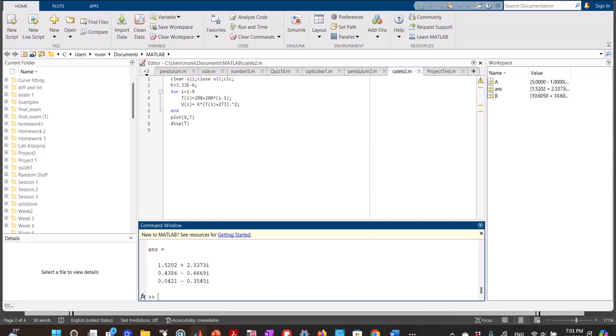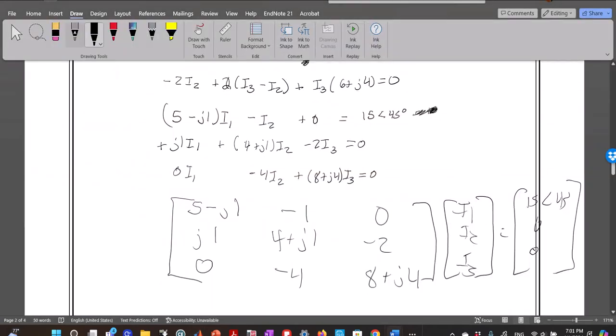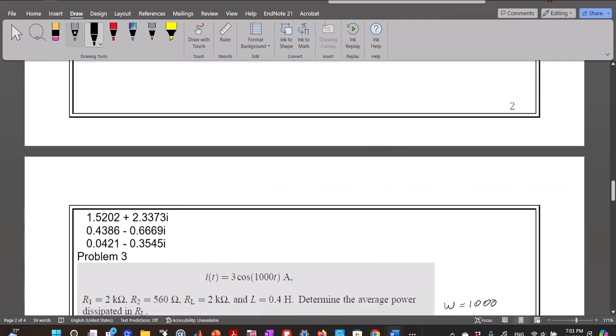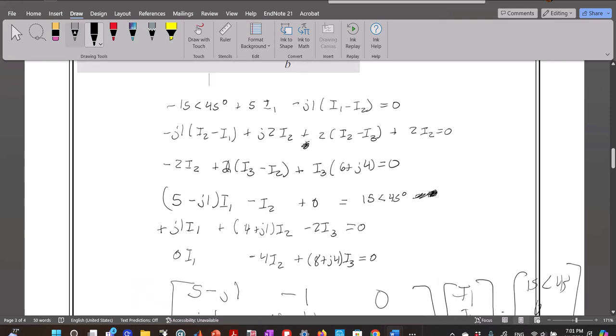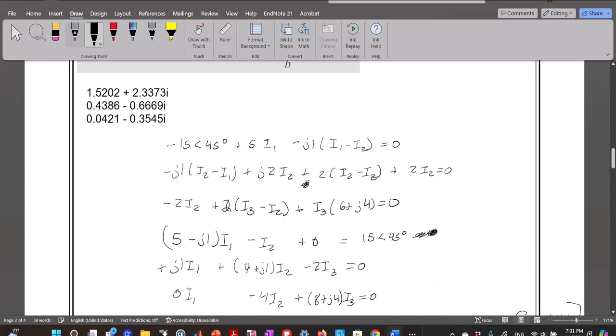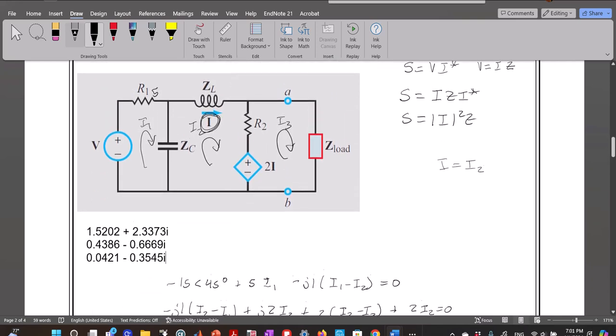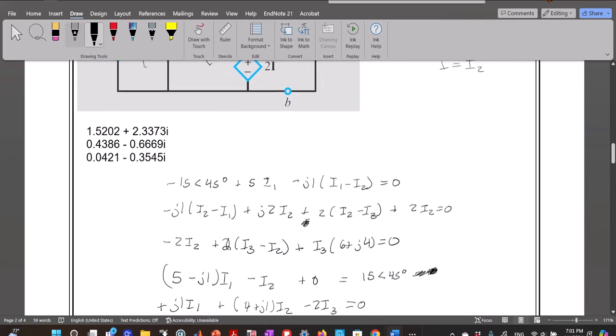And then what was I looking for? The complex power of the load, so that would be I3.